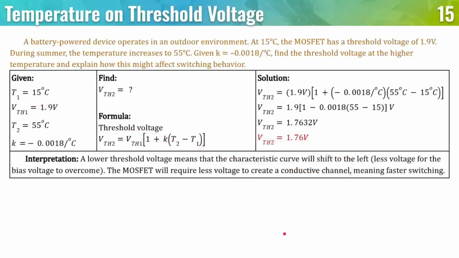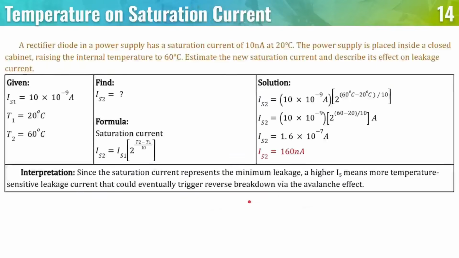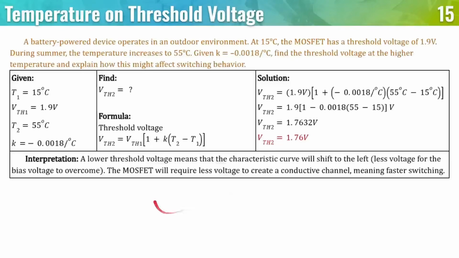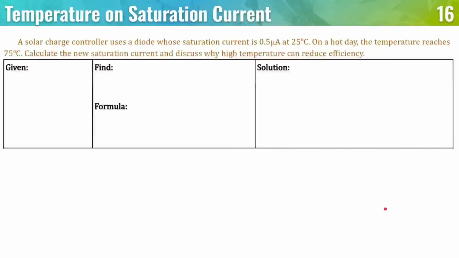So it's making sure that the laptop can process the ones and zeros faster. Like this is on, this is off. It's making sure that you have a smooth experience. So we can connect it to the saturation current earlier. If your laptop gets too hot, it could actually cause a lot of reverse current, and that's how it could slow down. So there are a lot of things to consider with temperature.